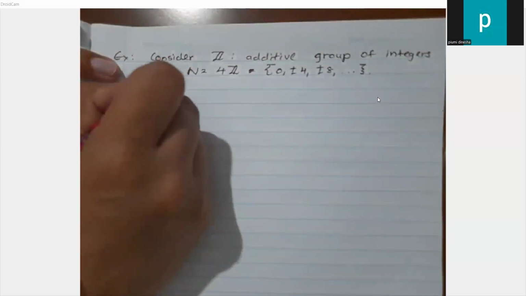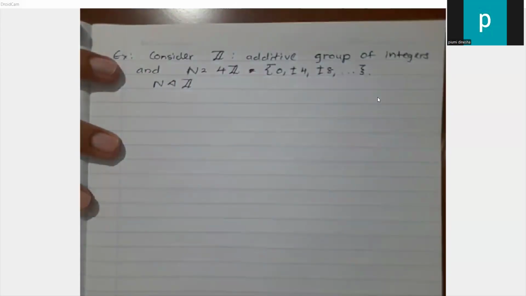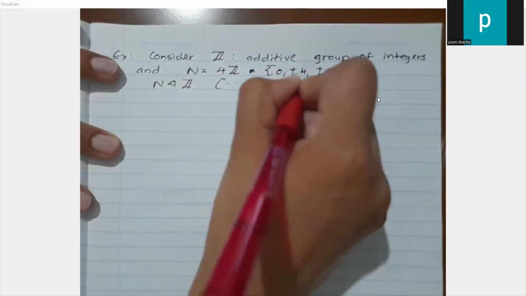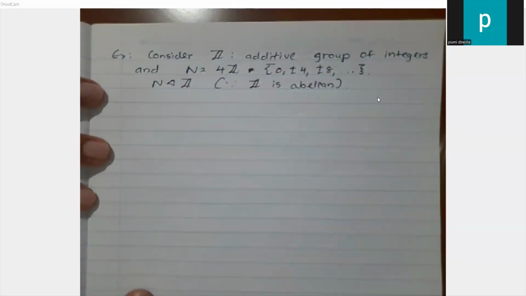Now we see that n is a normal subgroup of Z. Why is that? Once again, this is because Z is abelian. If it is an abelian group, any subgroup of it will always be normal. Right? Z is abelian.